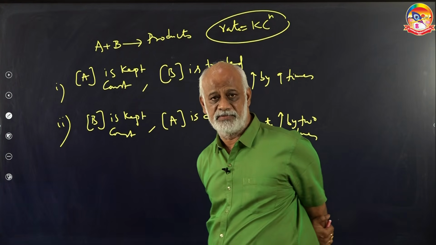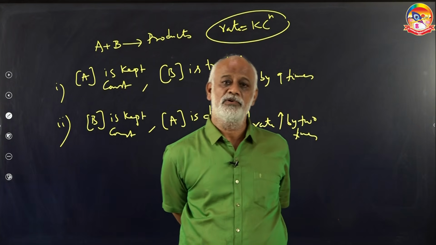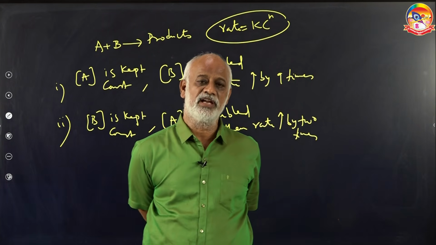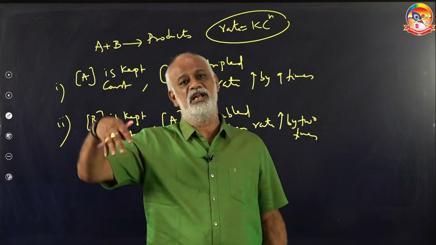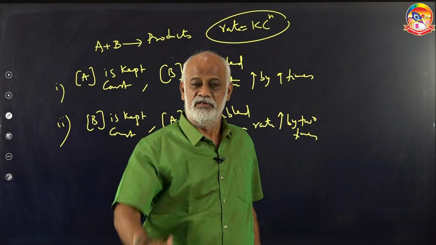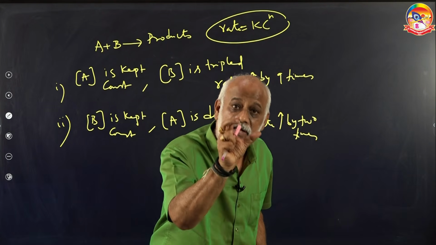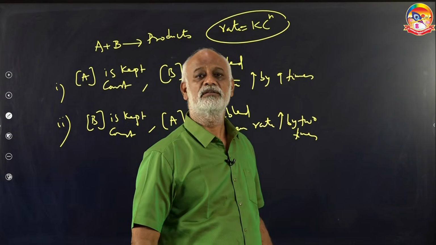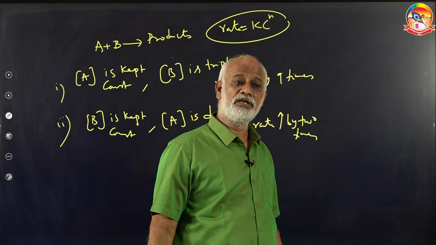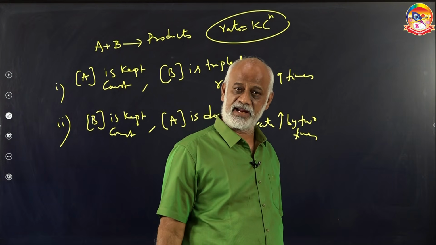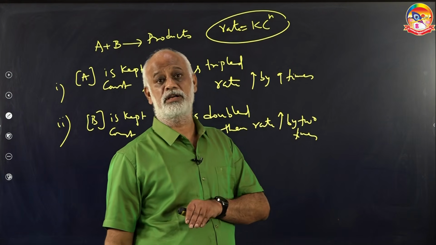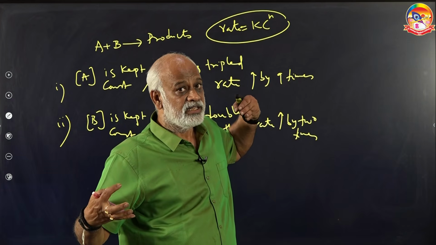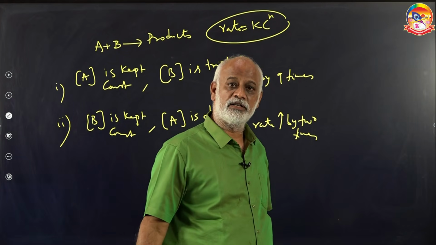What does order mean? Let me be very clear. Suppose I have a reactant A. If the reactant A's concentration is doubled, rate is doubled. Oh, the order is 1. I have doubled the concentration of the reactant, rate got quadrupled. Oh, the concentration of the reactant has a double influence on rate.